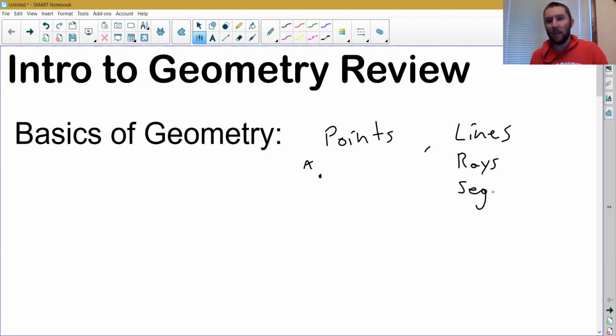Those were sort of related to each other, but lines, remember, go forever in both directions. Rays start at one point and go forever in one direction, and then segments obviously have two endpoints and they stop, right? So points, lines, rays, segments, and then the other thing that we talked about early on was planes, which, if you remember, is like a sheet of paper that expands forever in all directions.